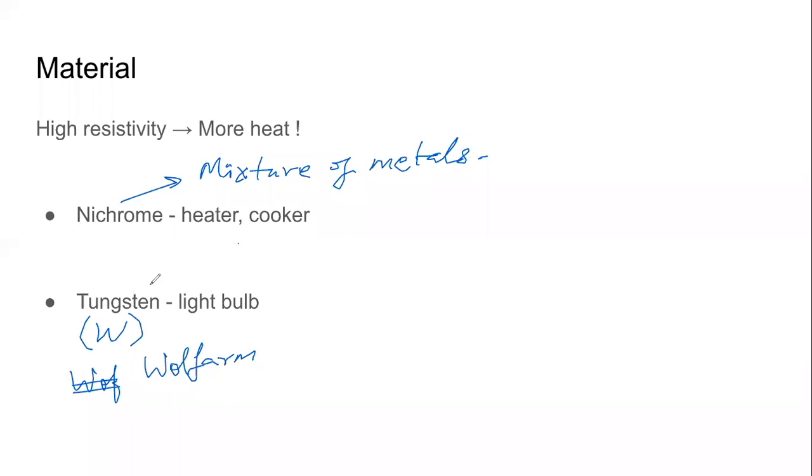And one of the common alloys that is used to make the coils of heater and cooker is nichrome. Can you guess and tell me what elements or what metals may be used to form this alloy, nichrome?